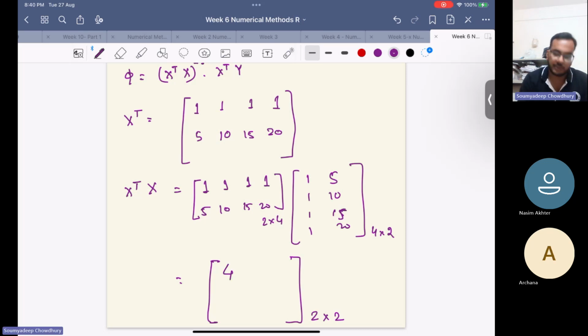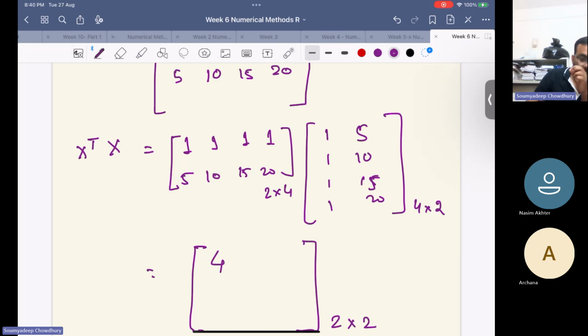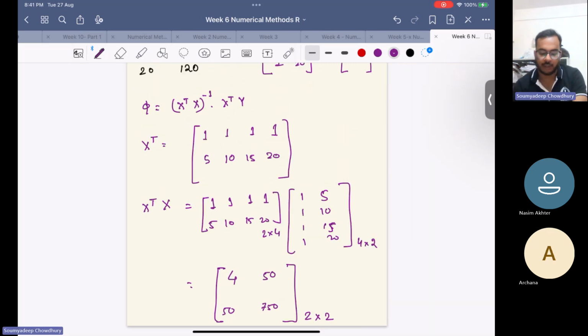Next, Archana, can you tell what is the next element? First row into first column we have done. Now first row into second column we have to do, right? It is 50. So the third element is also 50 and this is 750. This is X transpose X.